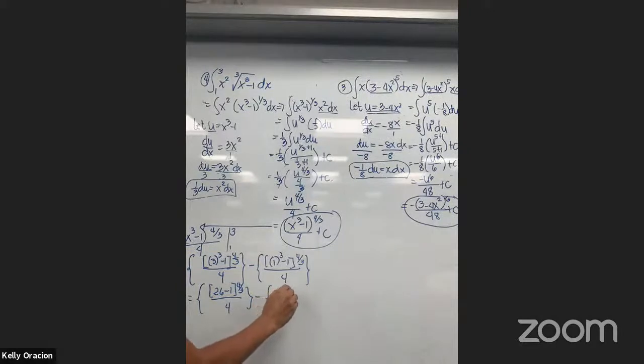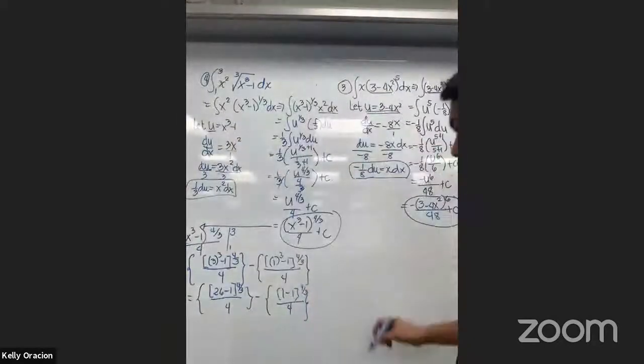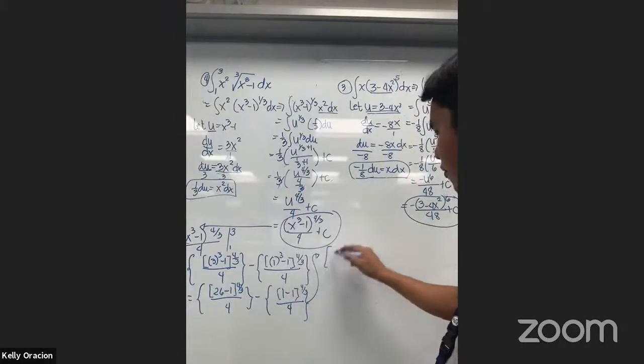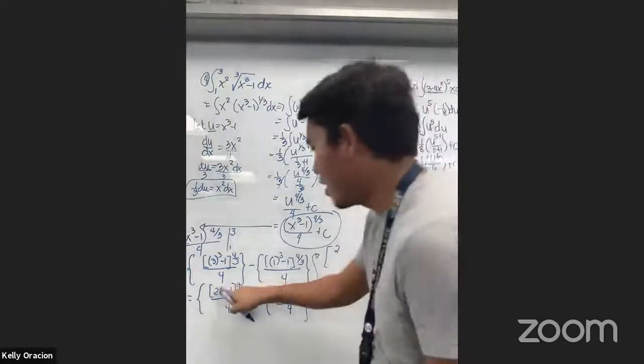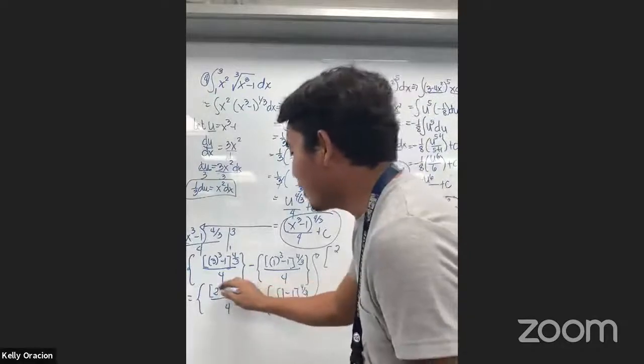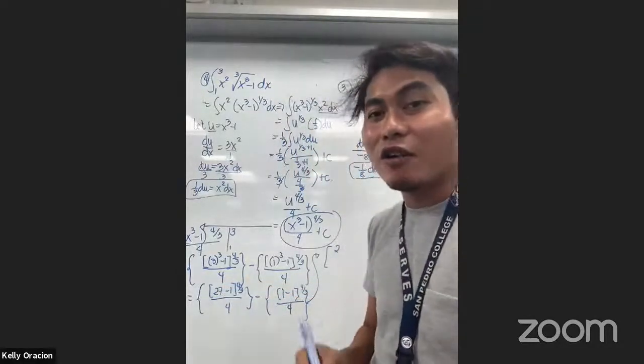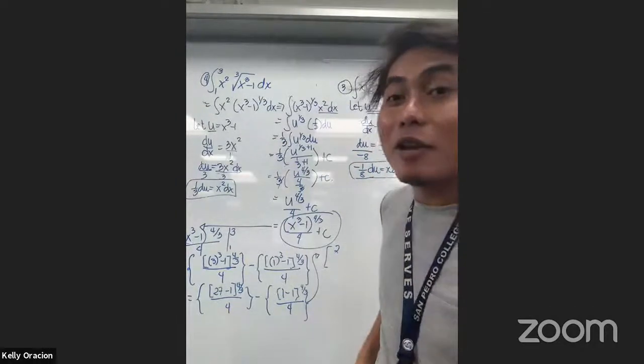So, 1 minus 1. So you have, ay, mali. I made a mistake, I got mixed up. 3 cubed is 27, and 27 minus 1 is 26.